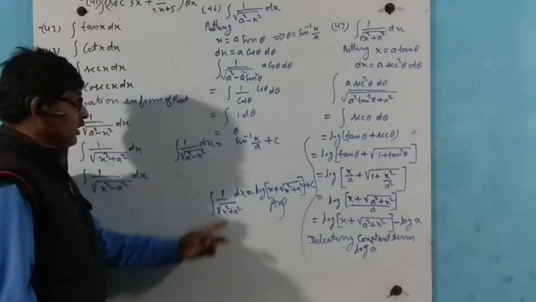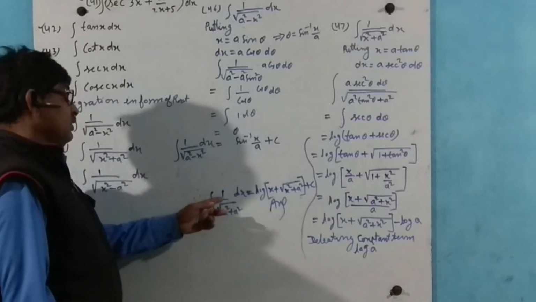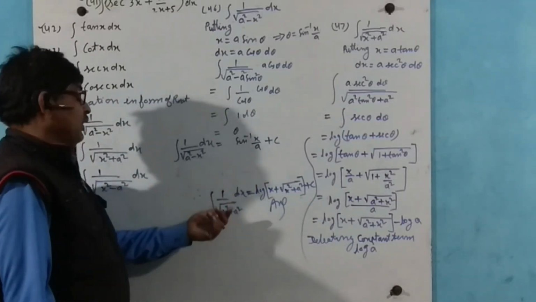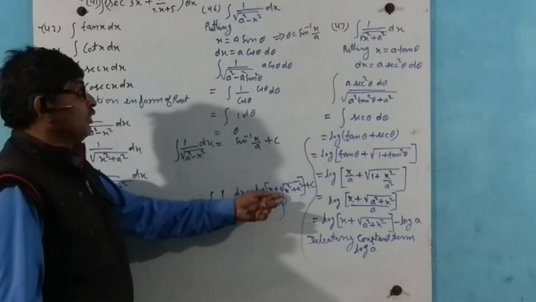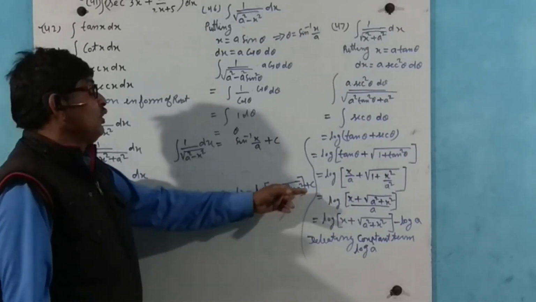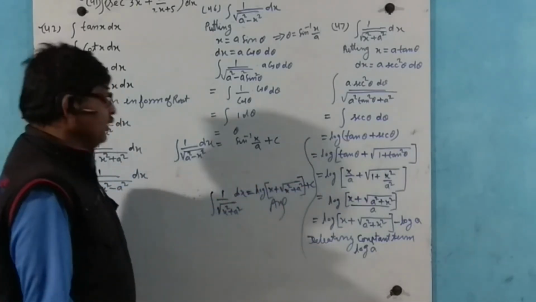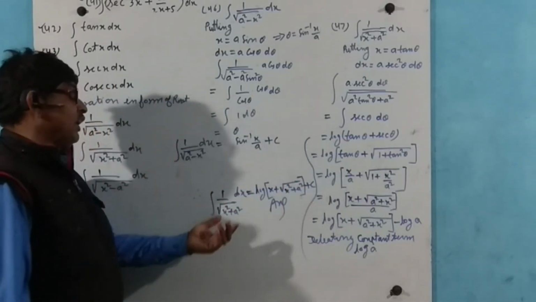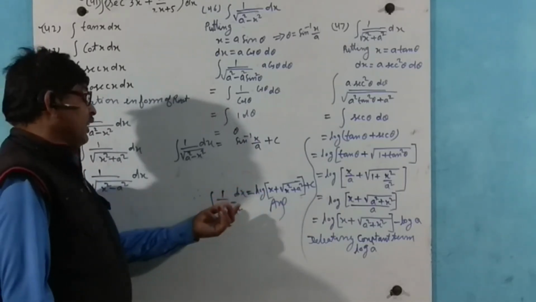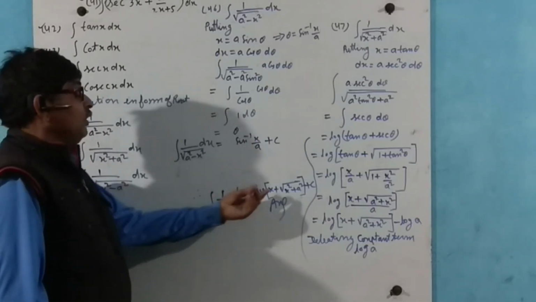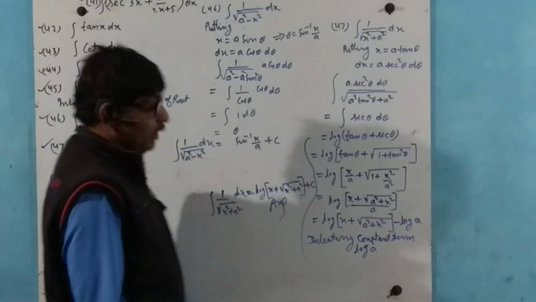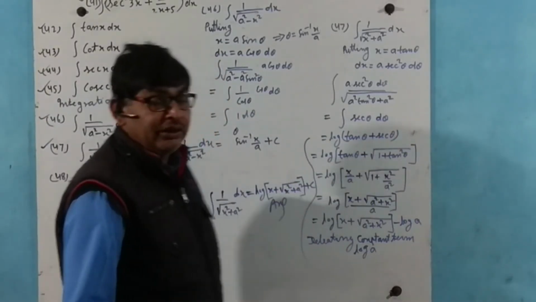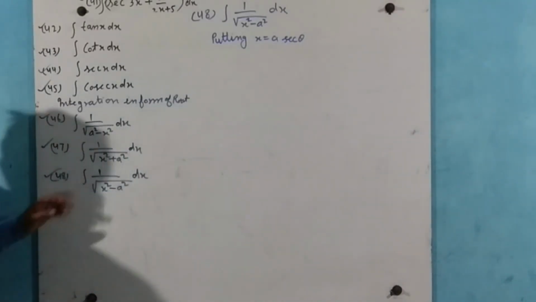So the integration of 1 by under root x square plus a square equals log x plus under root x square plus a square plus c. But as we use this as a formula, we take only these terms. Now we take another example, question number 48.